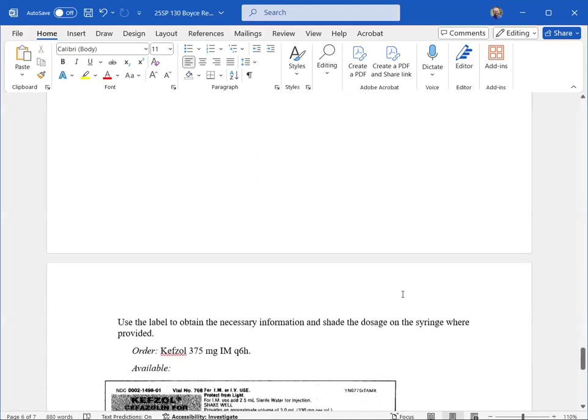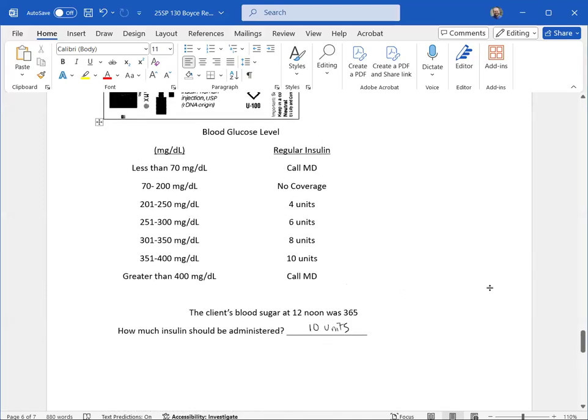The only variation to this insulin sliding scale question is just what is the patient's blood sugar level. Okay. So if it was 400, would it be call the doctor? Yeah, that's a good question. My guess is, anytime that you're at the top of the range, like where it says 300 to 301, this is interesting. This should be greater than 401, but I didn't write the note here.